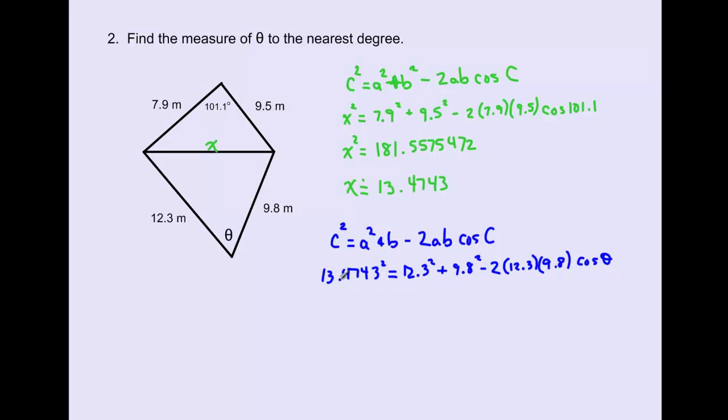So I can take this 13.4743, I'll just keep it written right now, 13.4743 all squared. I'm going to move the 12.3 squared over, so it's going to subtract. I'm going to move the 9.8 squared over, so it will also subtract.